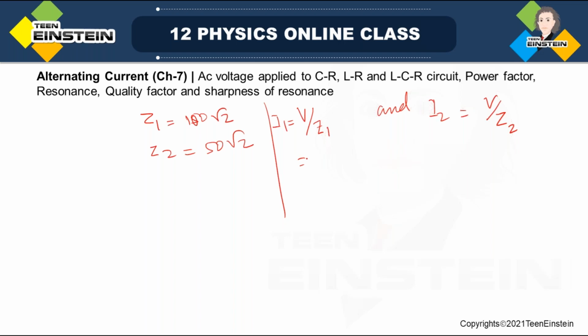This value is given as 20. 20 by Z1. So root 2 by 10. Sorry, this will be root 2 by 10.